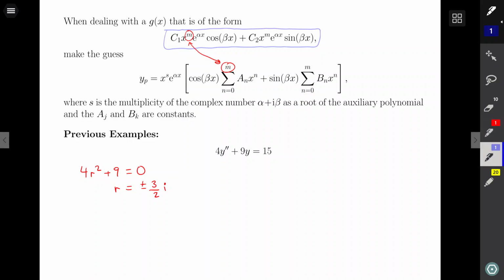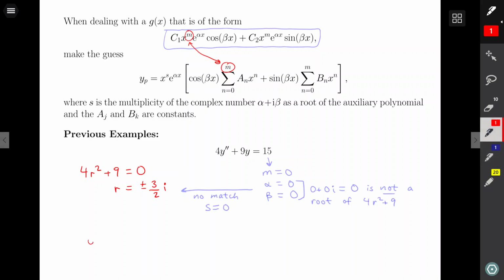Now on the other hand, you go to 15 and you write down the m, the alpha, and the beta, which we determined a few slides ago. And you take the alpha and the beta, combine them as alpha plus beta times i, which is equal to 0. That is not a root of the auxiliary polynomial. There's no match. And what that means is that s equals 0.